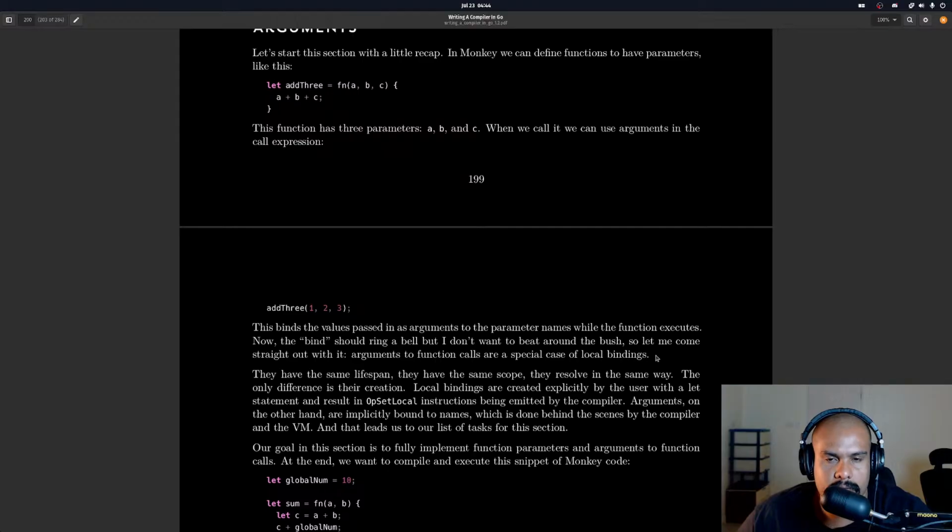So that means when we save the space in the stack for local values, we've got to add some for the arguments too.